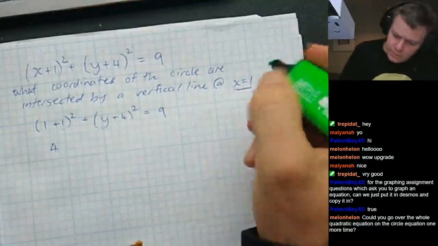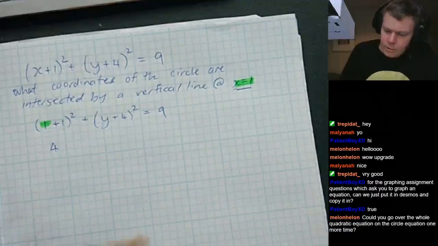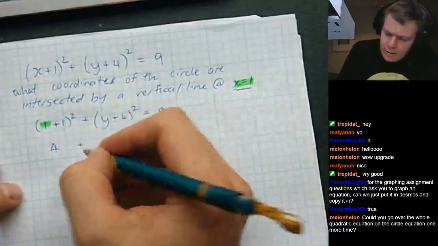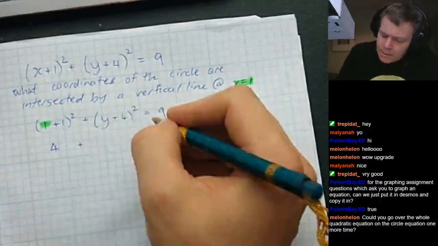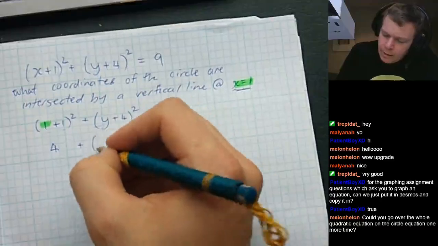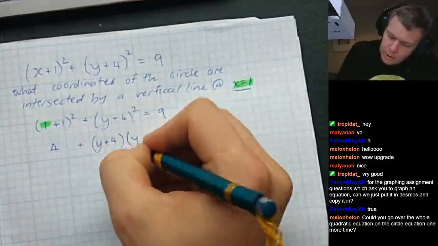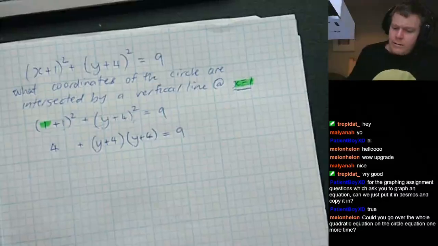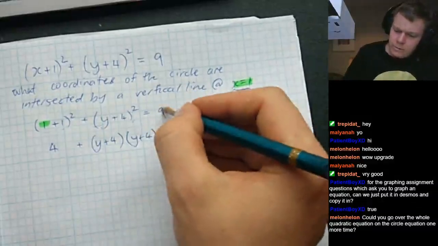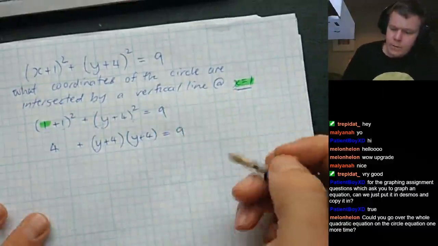My first step was to put in x equals 1. I kind of rushed this, I'll make this more clear. This is the same as y plus 4 times y plus 4, and that equals 9, or 3 squared. So our radius of our circle is 3, right?